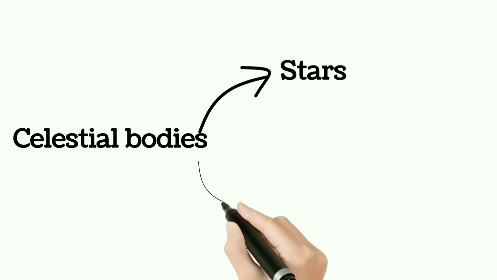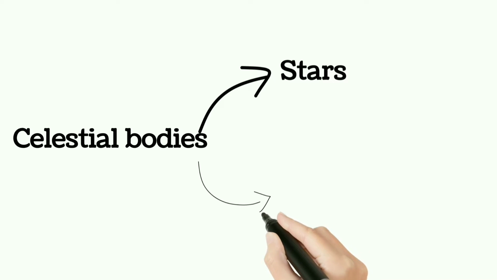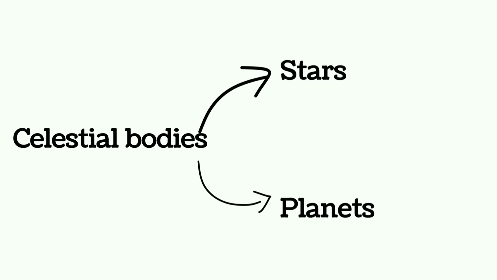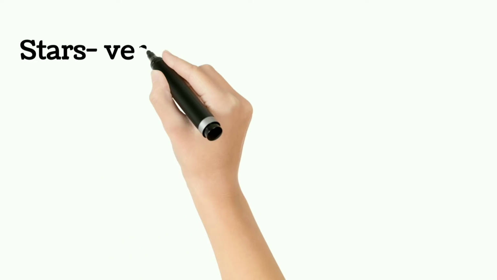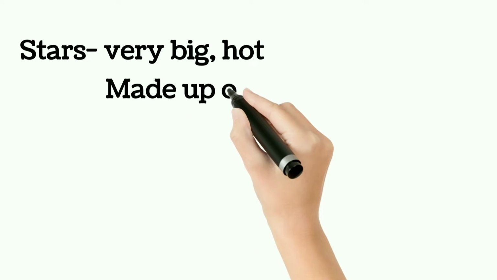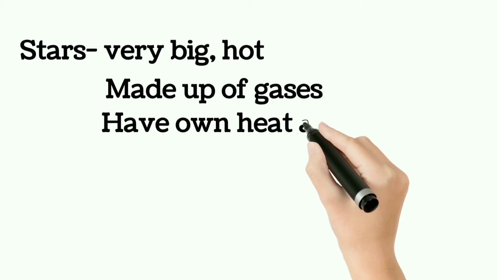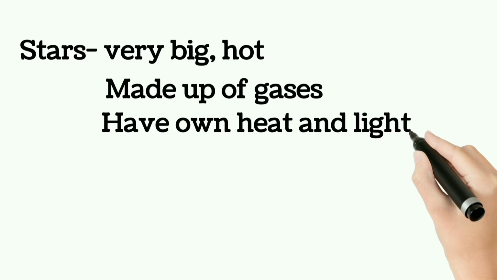There is a difference between stars and planets. Celestial bodies which are very big and hot, which are made up of gases, and which have their own heat and light, are called stars. That is, these celestial bodies have their own heat and light, and they do not require any other body's help.